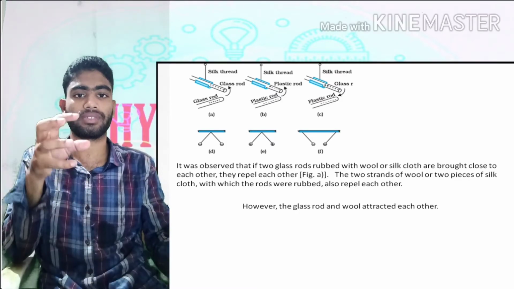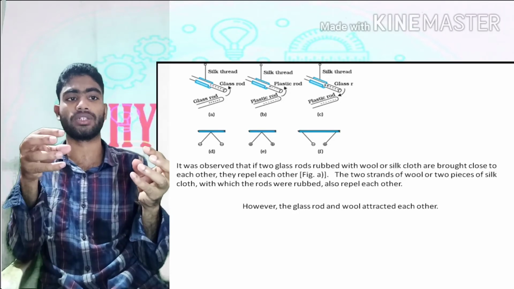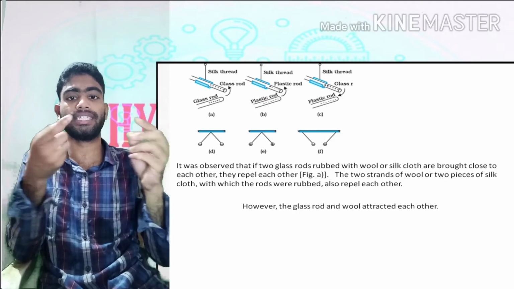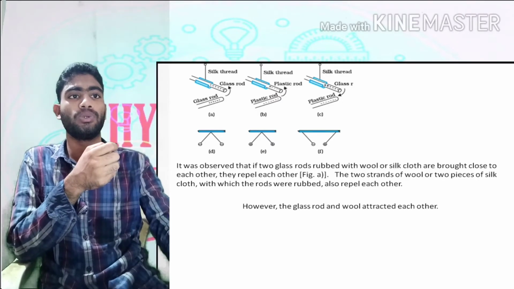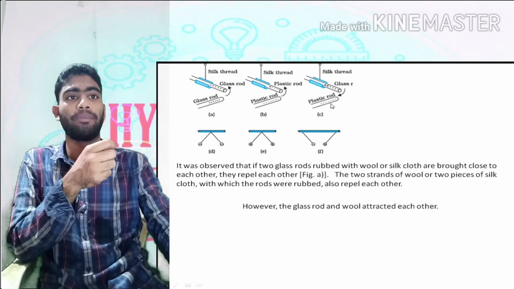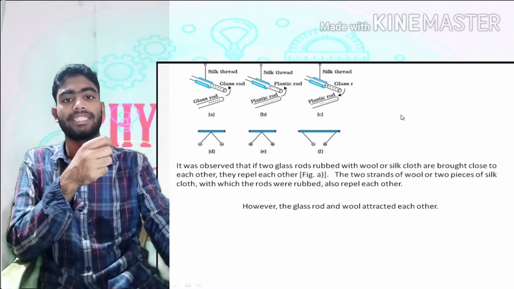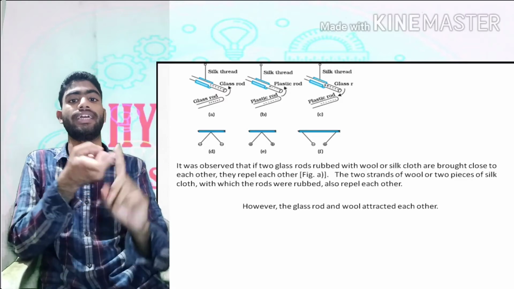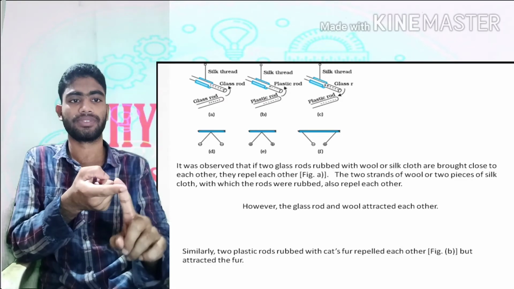But when you bring one glass rod and the wool close together, then they will attract each other. Similar to the third figure, when I bring one plastic rod and one glass rod, they will attract each other.